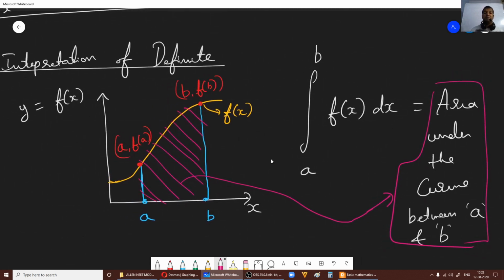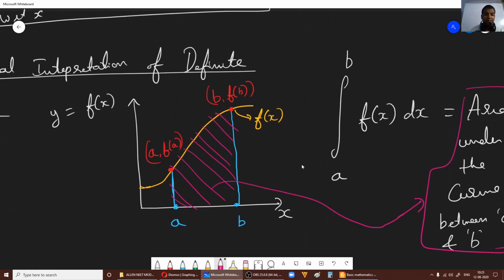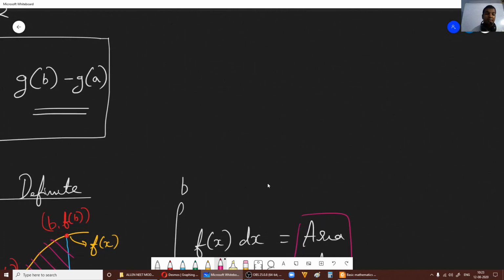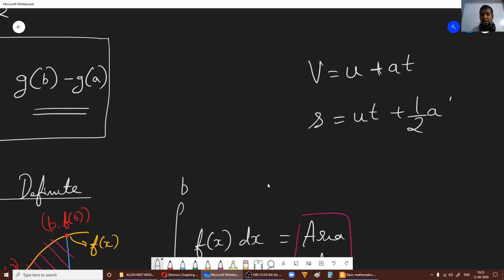I would like to give you a clue. If you have your 8th or 9th standard textbook, you had the motion of a particle, something related to motion. You had studied these equations: v is equal to u plus at, then v square, the next equation was s is equal to ut plus half at square.